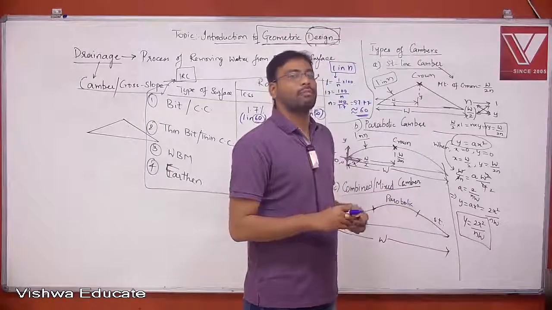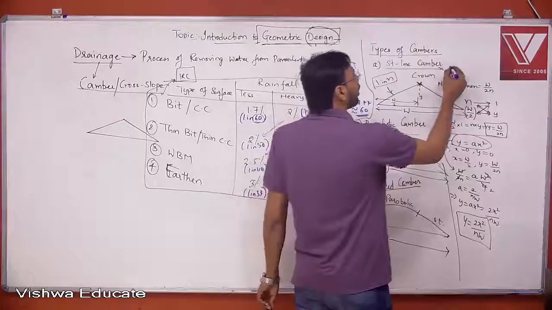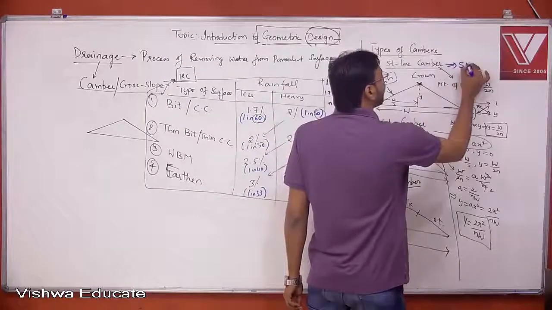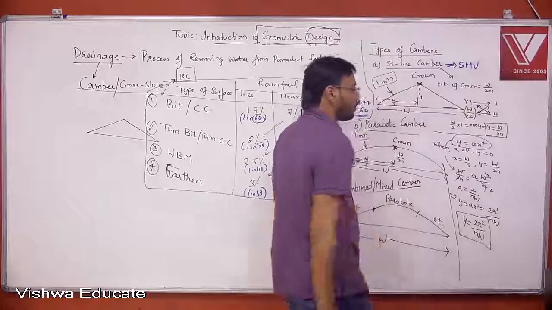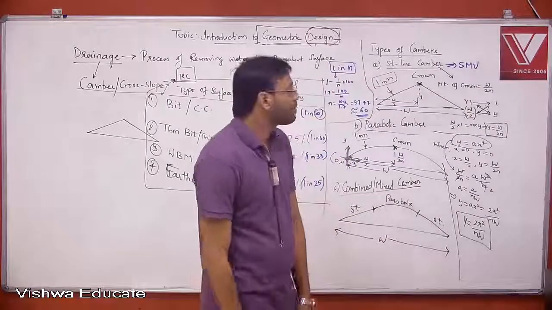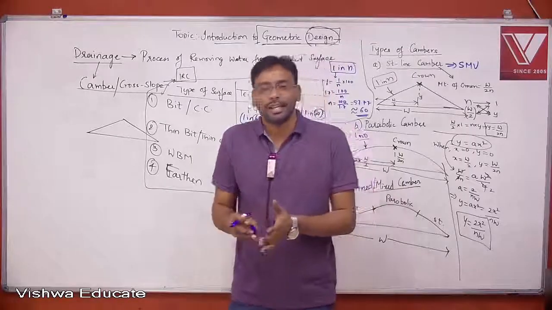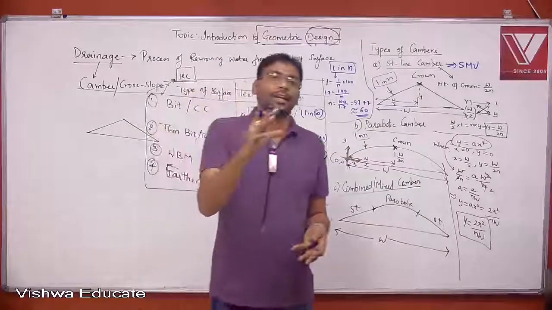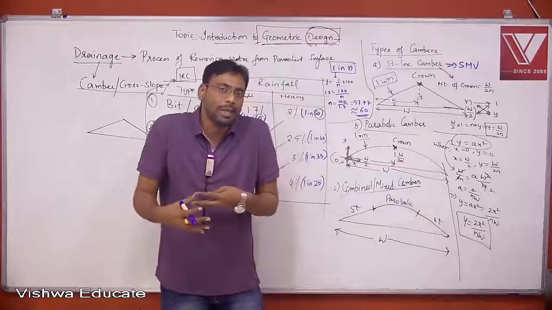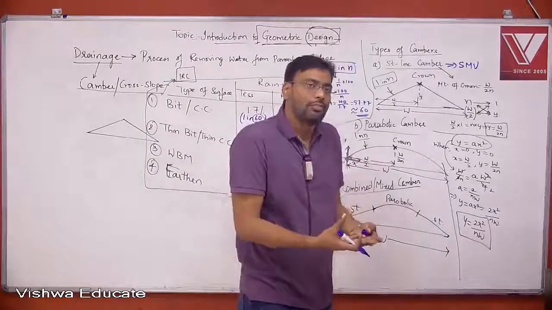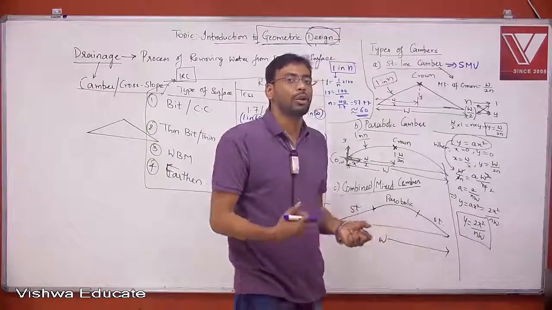Straight line camber is suitable for slow moving vehicles. Why? Fast moving vehicles generally travel in the center part of the road because they will be overtaking the slow moving vehicles.